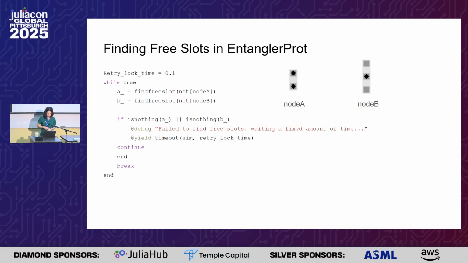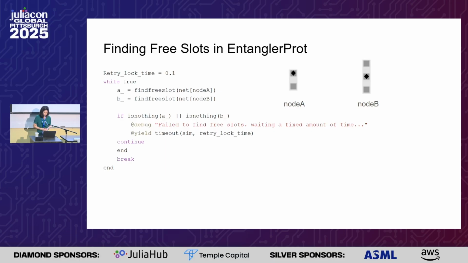In the diagram shown here, node A is full, so the loop continues waiting and rechecking until a slot becomes available, like here. Then once there is a free slot on both sides A and B, we can break the while loop and entangle them. The entanglement part is not shown in the code here.